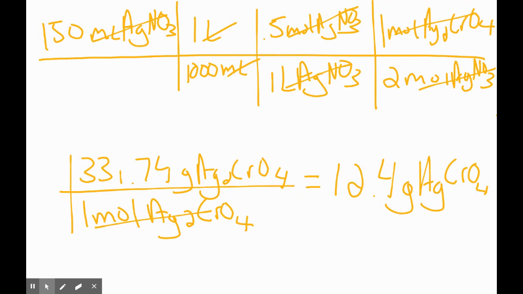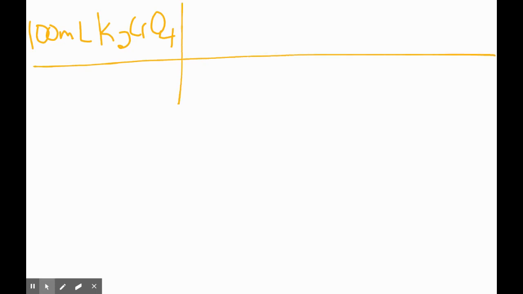But that's just one calculation, so now we need to do our second calculation, which starts with 100 milliliters of potassium chromate. So again, the first thing we need to do is convert to liters by dividing by 1,000. So milliliters cancels out, we're at liters.